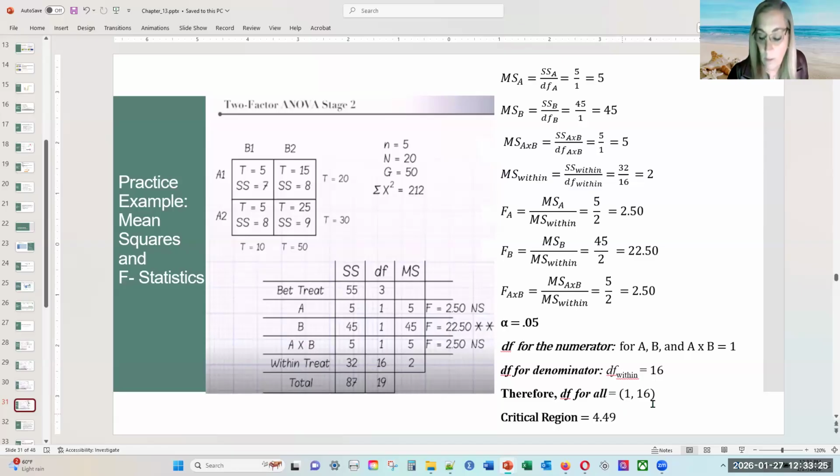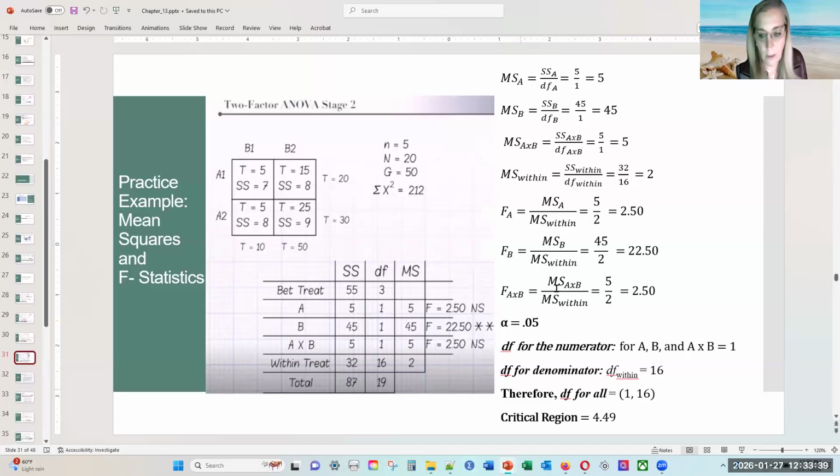In the critical region, that would be to look up our critical region, which was 4.49. And this step should have been done before actually all of these calculations. But then we need to evaluate which areas were significant using our critical region.